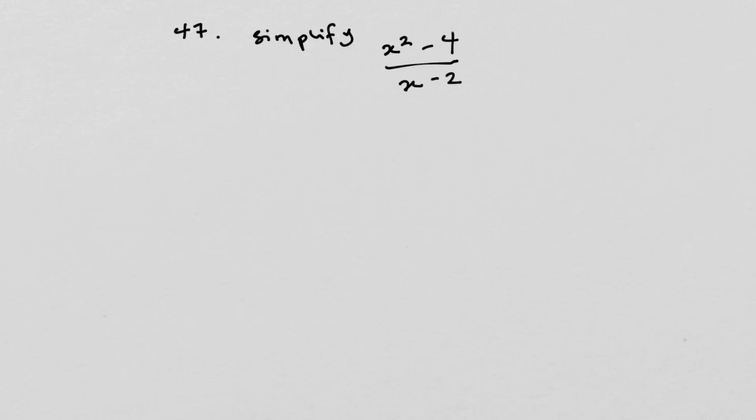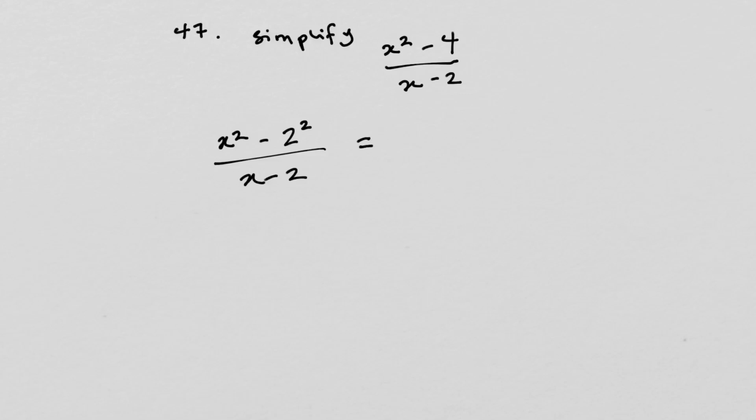Question 47. We want to simplify x squared minus 4 over x minus 2. We looked at a similar question earlier. Here, you should be able to identify that x squared minus 4 is the difference of 2 squares. 4 can be written as 2 squared.